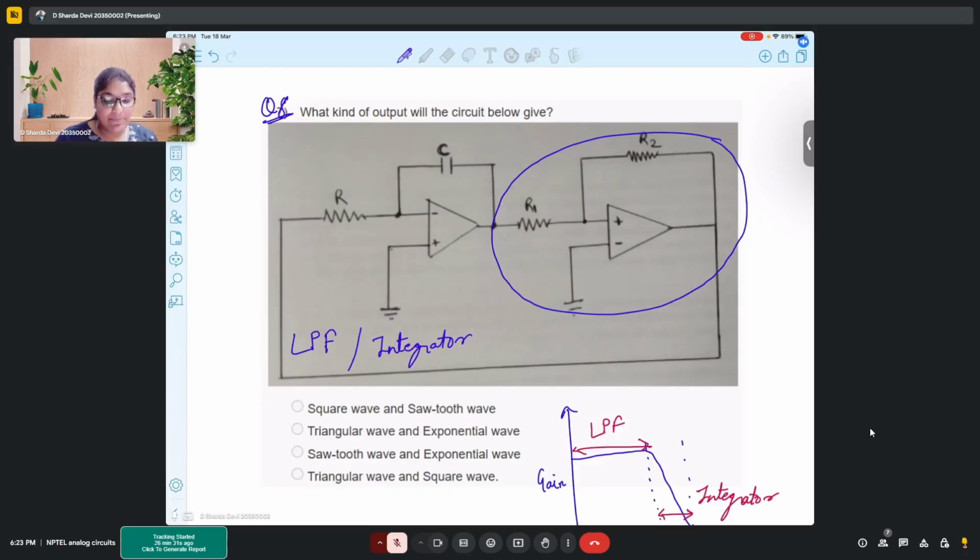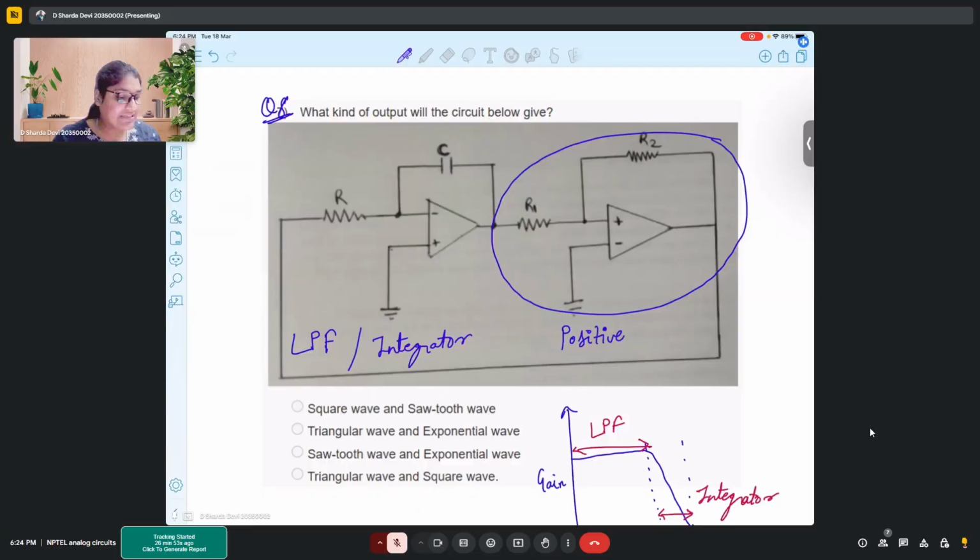What type of feedback is this? Is it positive feedback or negative feedback? First of all, observe the feedback. Yes, it is a positive feedback, right?